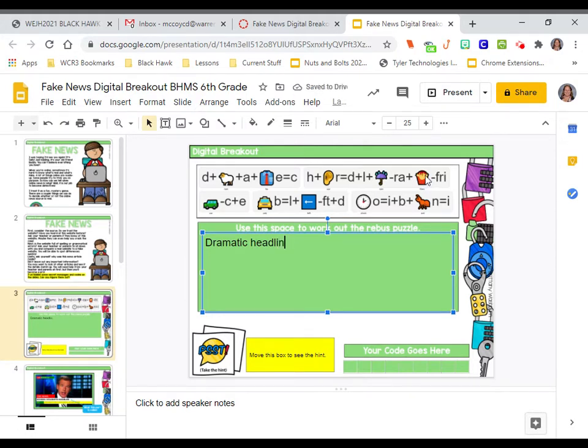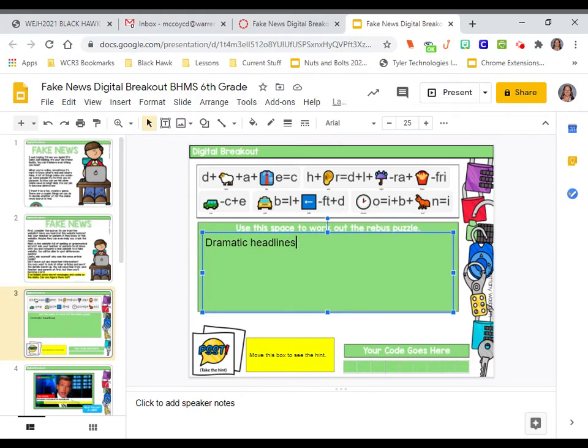And then we're going to need the word fries, but we're actually taking the FRI off. So fries are FRI. Take that out. ES. So that gives us our first two words, dramatic headlines. Now you need to use this same technique to figure out this word, and this word.